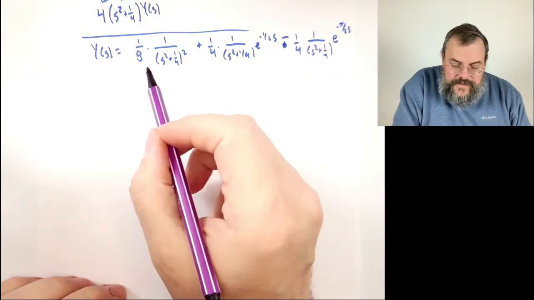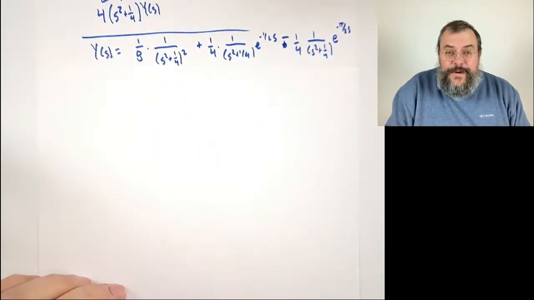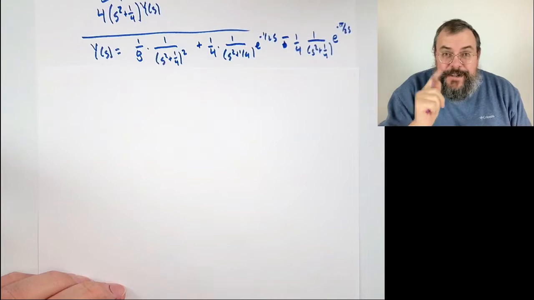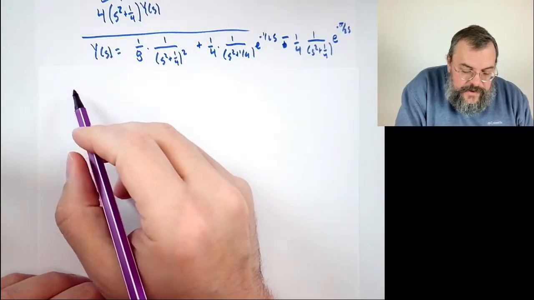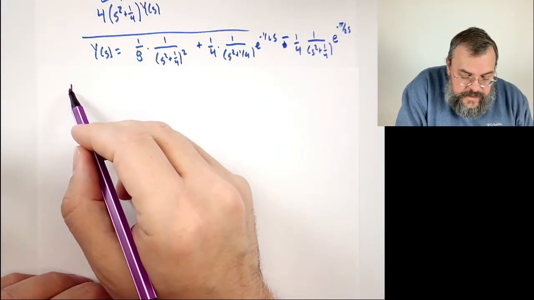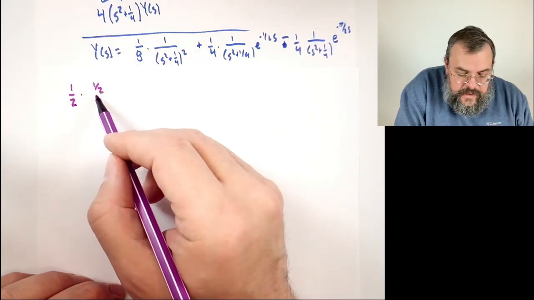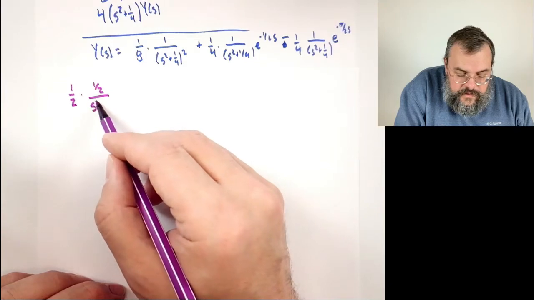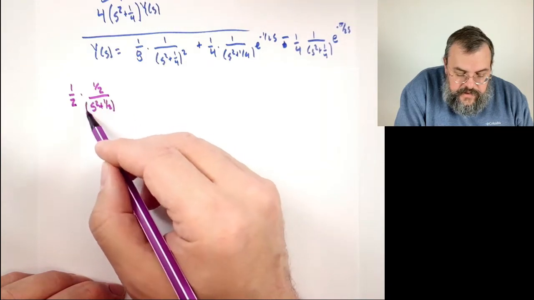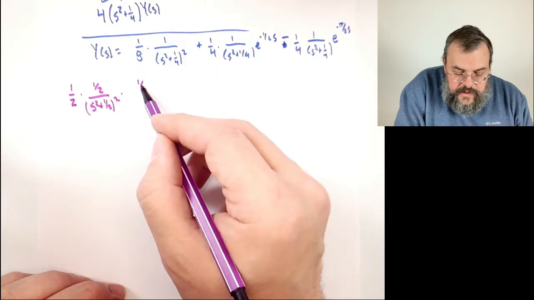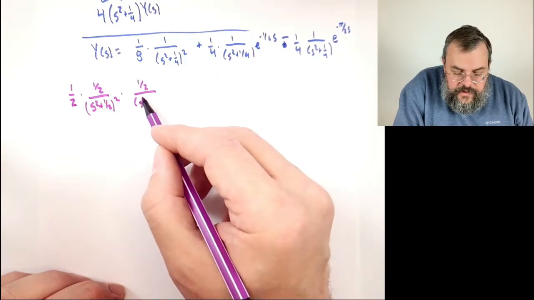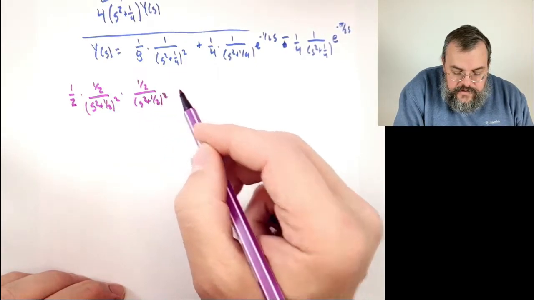Okay. So, here we go. I'm going to focus on trying to figure out the inverse Laplace transform of that one expression. I am going to think of this as 1/2 times 1/2 over s squared plus a half squared, and 1/2 over s squared plus a half squared.